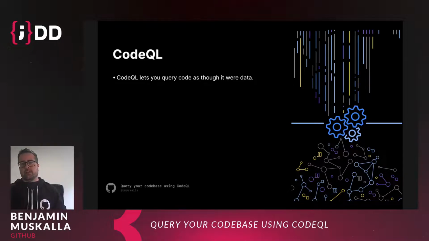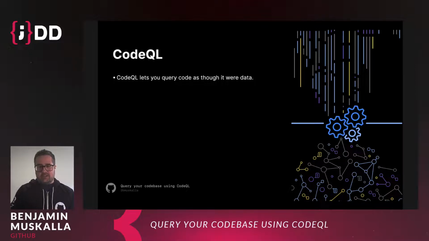You can treat your code base not as code, but as data. And by the way, there's a very nice piece by Kevin Henney on his blog about the difference between code and data that I can highly recommend reading. I can share that link later on.